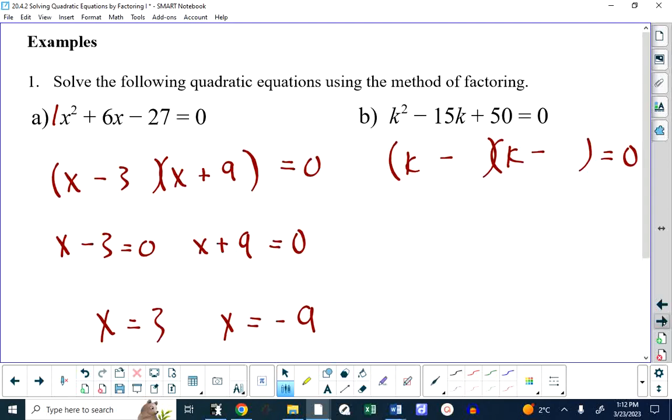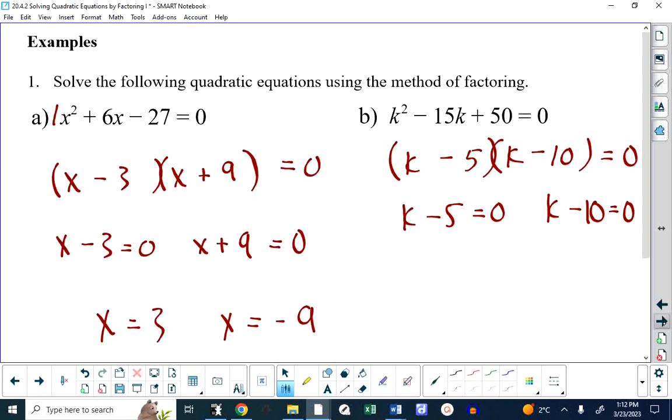And negative 5 plus negative 10 is negative 15. Oh, that means k minus 5 equals 0, and k minus 10 equals 0.